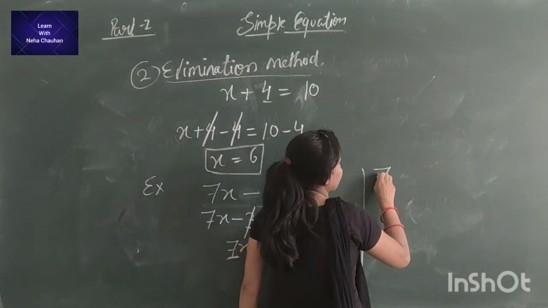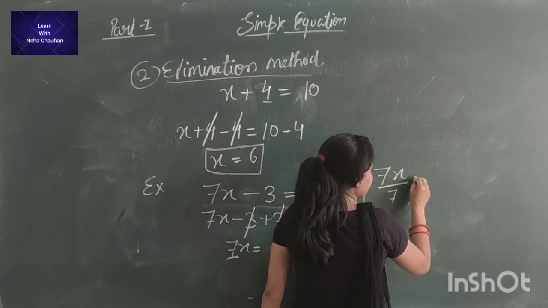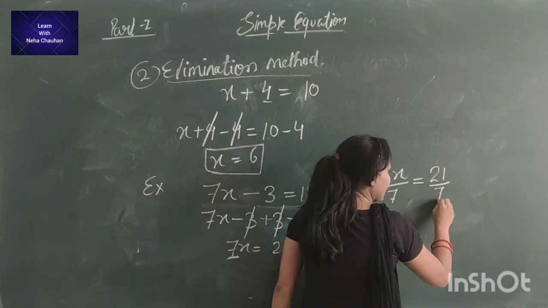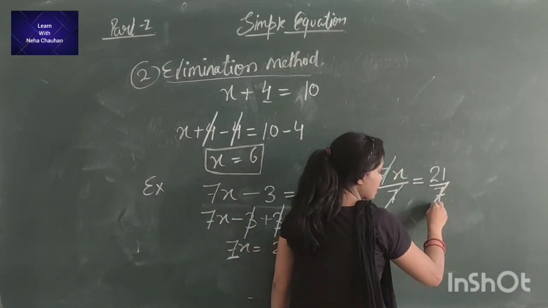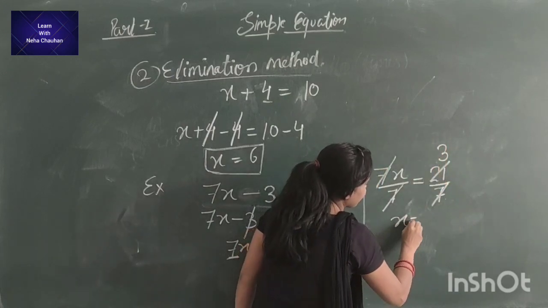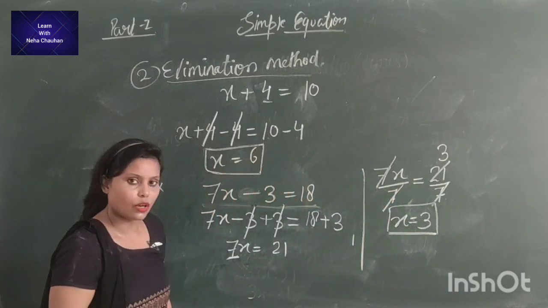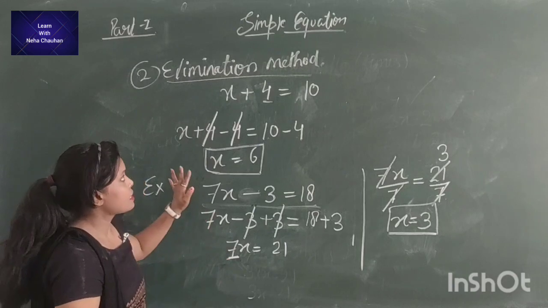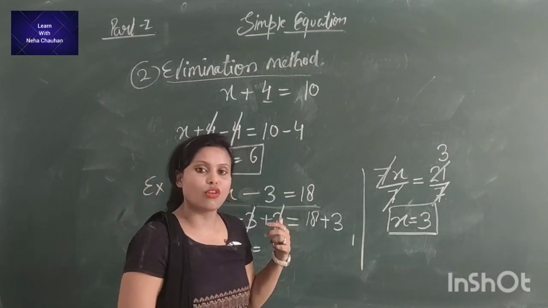Okay, so 7x divided by 7 is equal to 21 divided by 7. 7 cancels, 7 1s are 7, 7 3s are 21. So from here we get x is equal to 3. Alright, so this was the elimination method. Exercise 1 and exercise 2 are dependent on these concepts only.